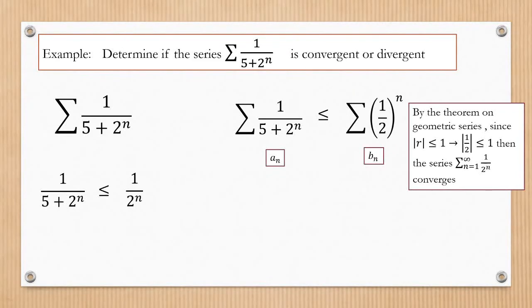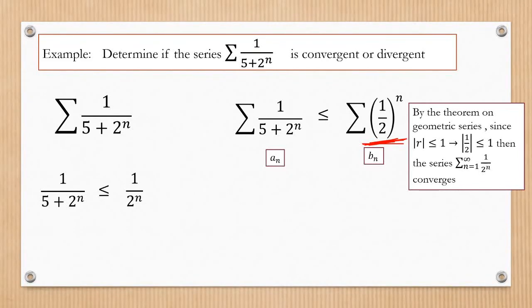Okay? Now, we know from our previous video that for a geometric series, 1/2 raised to n, its ratio is 1/2. Its ratio is 1/2.